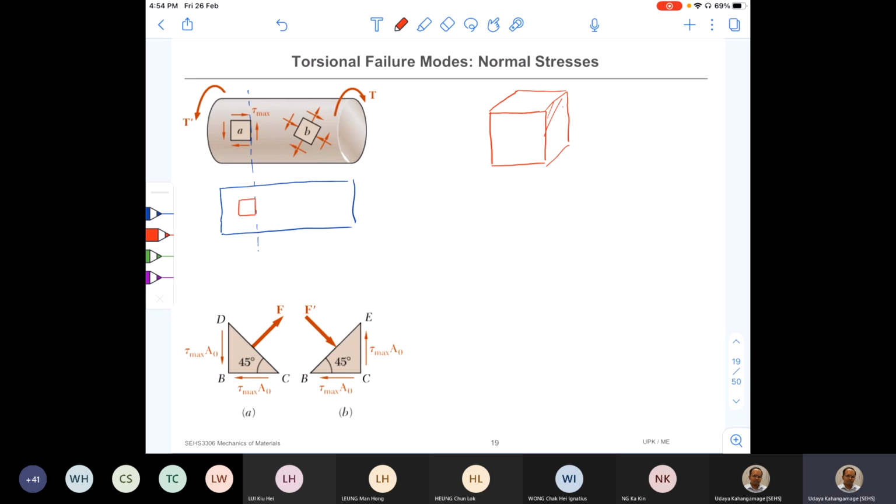And this cross section of one face here, we can take it as A0, the original cross section. And this is a small cube, okay, a small cube representing a point on the shaft.